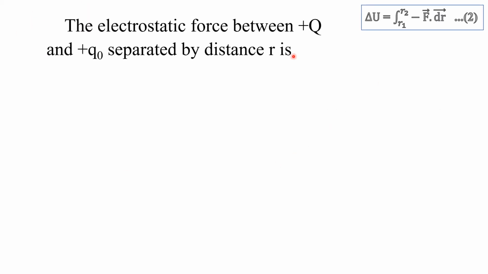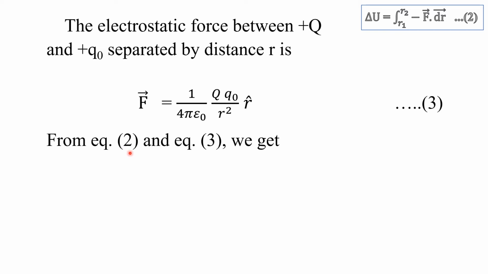The electrostatic force between plus Q and plus Q0, if separated by distance R, is given by F is equal to 1 upon 4 pi epsilon 0 Q Q0 upon R square into R cap. Now by using equation 2 and equation 3, we can put this value of F in equation number 2.